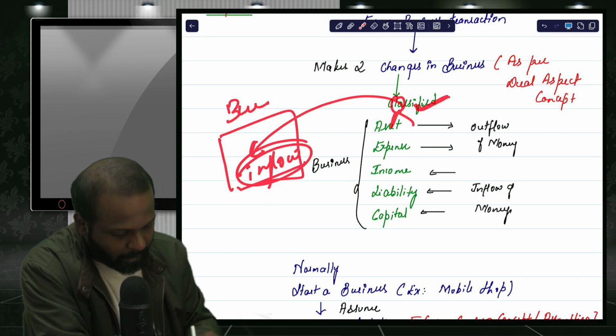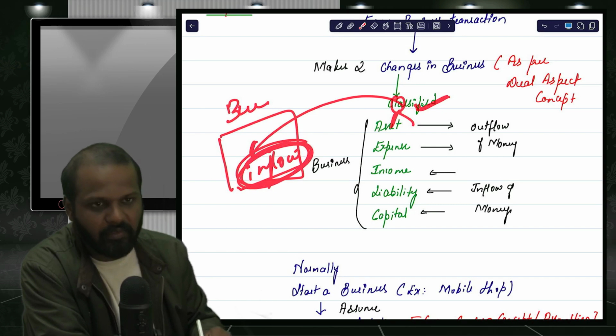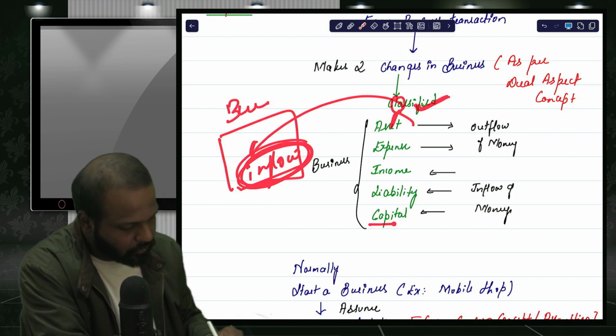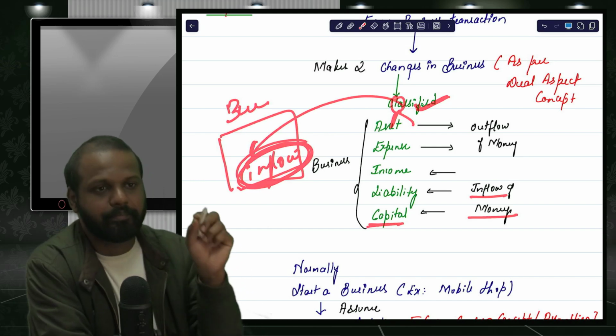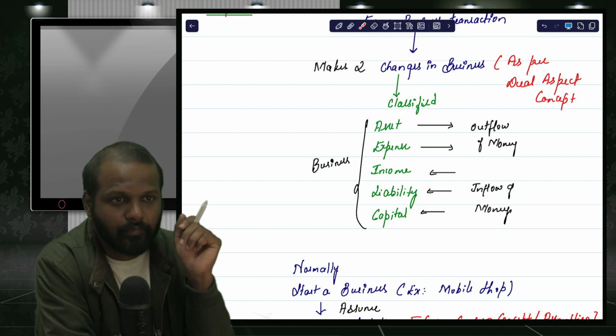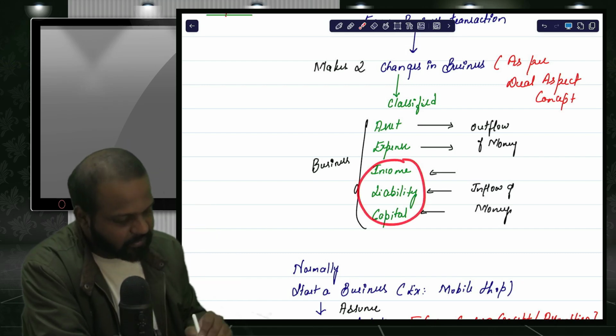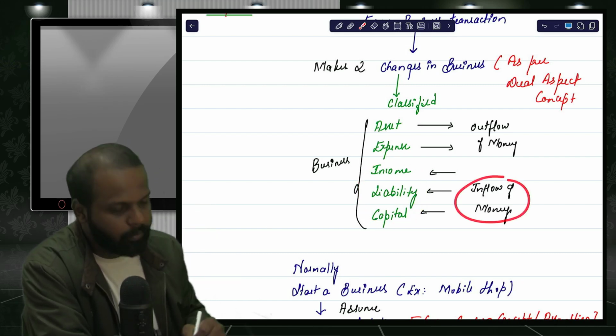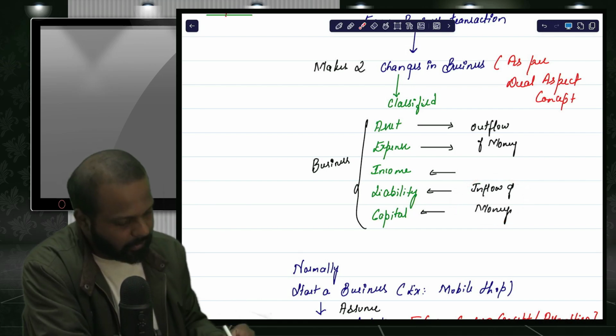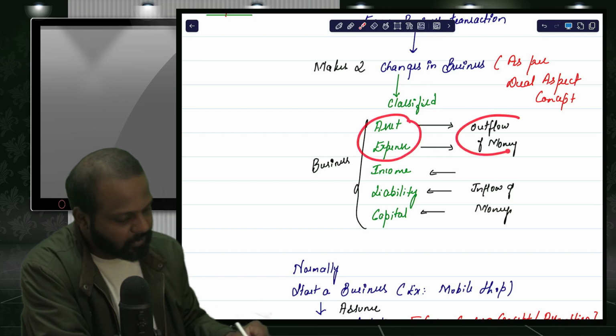So this is called capital. Money invested by the owner into the business is called capital. So here also there is inflow of money. So in these three cases, one thing is common: there is inflow of money. And in these two cases, one thing is common: there is an outflow of money.